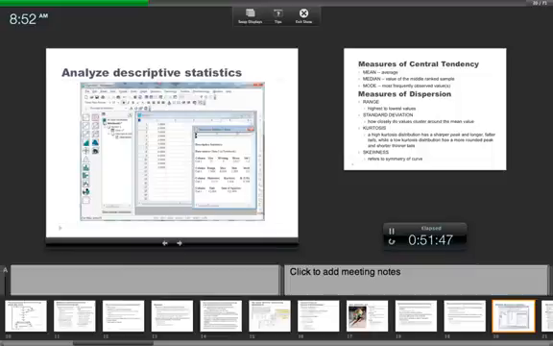This is a screen for one of the programs that I like to use. It is, in a way, very similar to SPSS. These days, the modern statistical programs are all menu-driven.